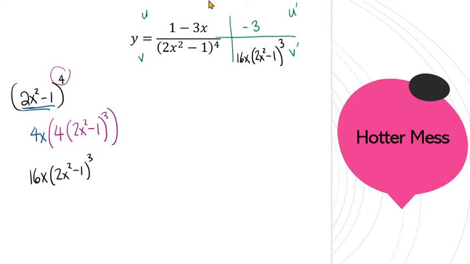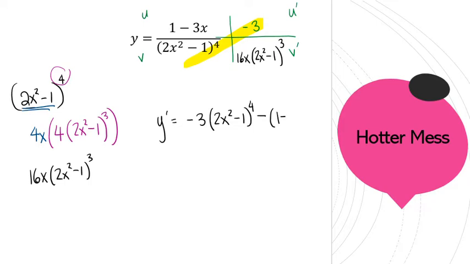Okay, remember, it's important, order matters. In the quotient rule, we have to put u prime v first and then subtract v prime u. So y prime equals negative 3 times 2x squared minus 1 to the power of 4 minus v prime u. I'm going to put the one without the power first, just preference.